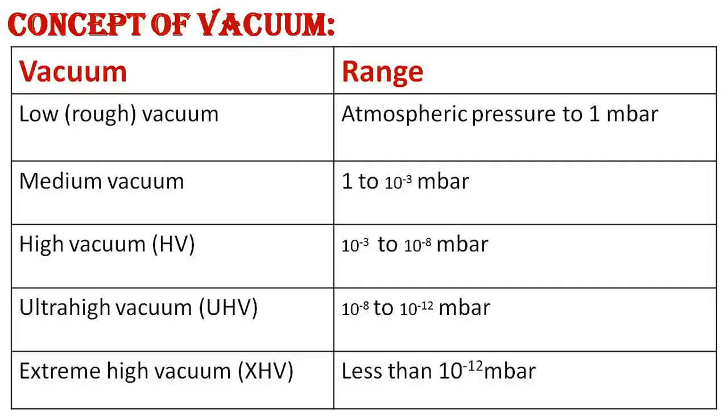And the last one, extreme high vacuum, XHV, is the range of less than 10 raised to minus 12. So that is the range of vacuum from 1 millibar down to 10 raised to minus 12 millibar, from low to extreme high.